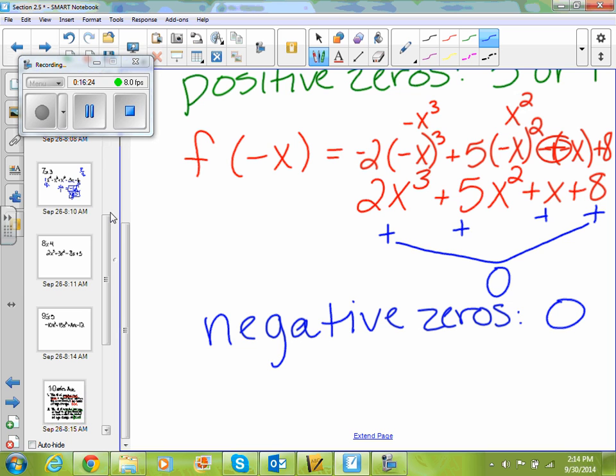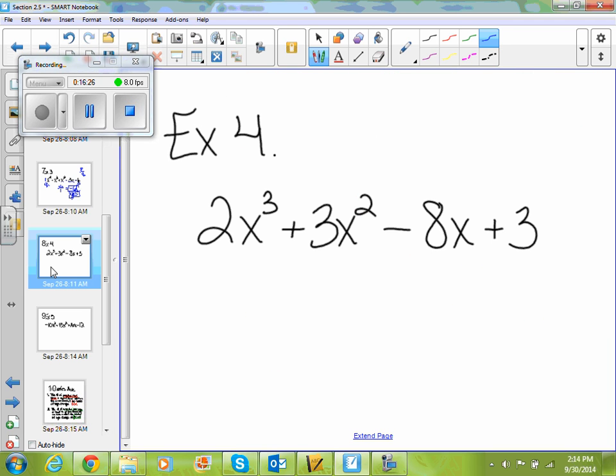Okay. And there was one other thing that I missed when we were going over P and Q, so we're going to go over that again. So remember that to figure out the possible rational zeros we use P over Q, where P is my factors of my last term, and Q is my first term. And we can use that ratio to figure out what exactly our zeros are by finding their factors.